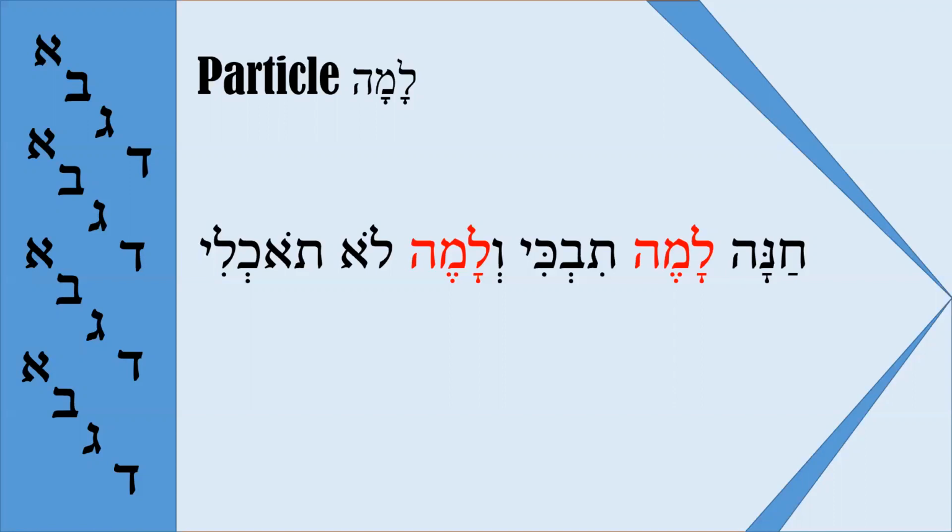Just remember the paradigm of yiktol: yiktol, tiktol, tiktoli. You see this i ending. It's not the first person. It's the yiktol paradigm, the second person feminine singular. So in this case, we need to provide the pronoun you, feminine.